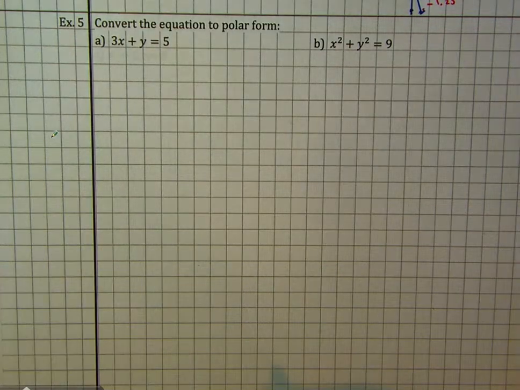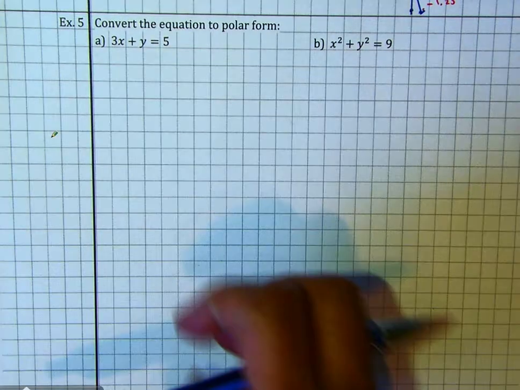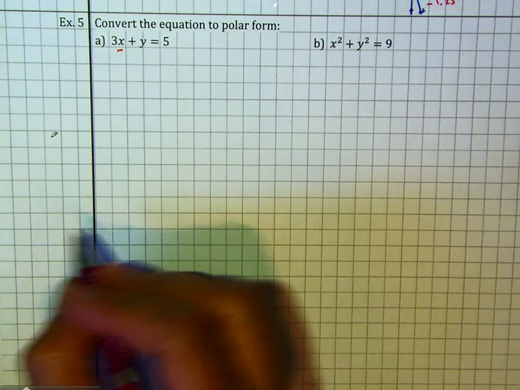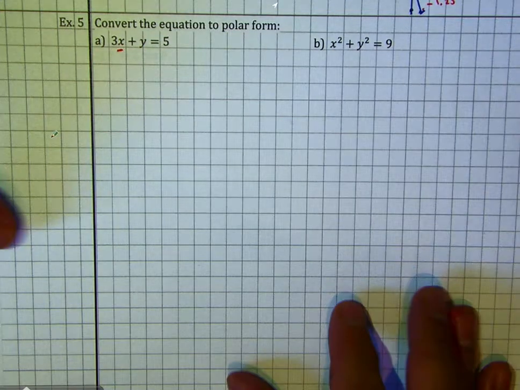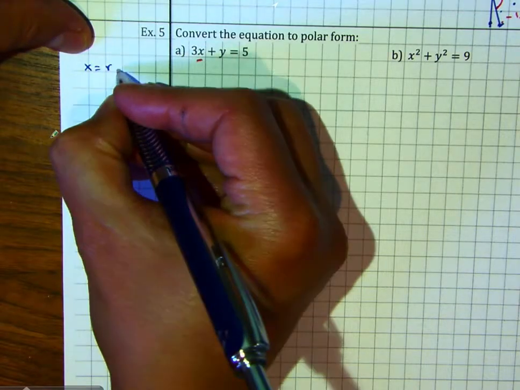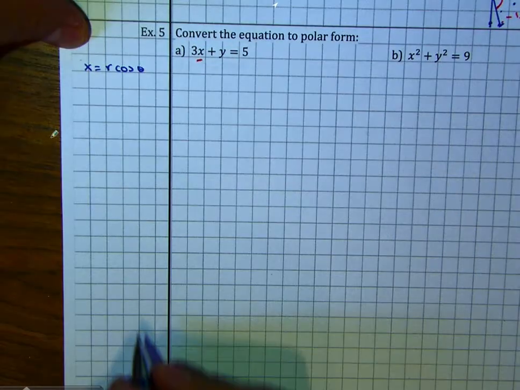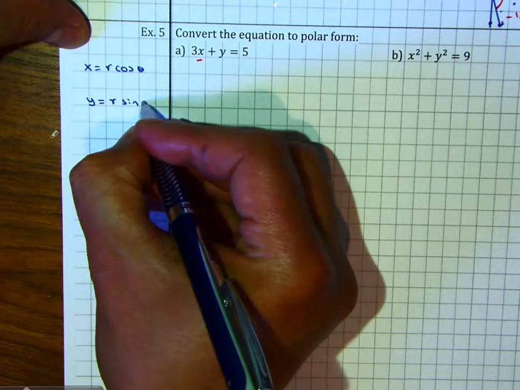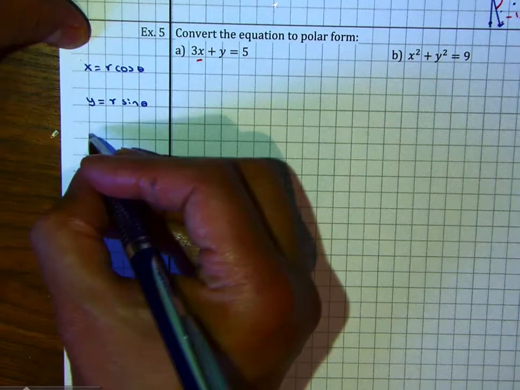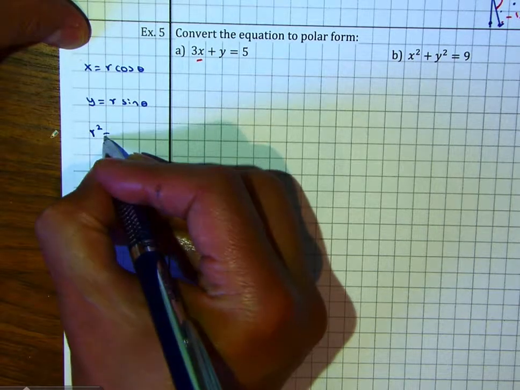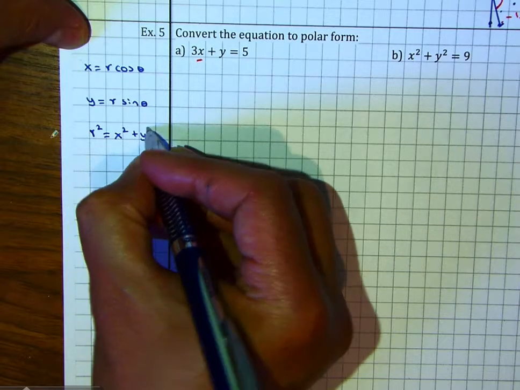So in order to convert to polar, we just need to replace your x and y with, remember the formulas that we know. Your x equals r cosine of theta. We know your y equals r sine of theta. We also know that r squared equals x squared plus y squared.